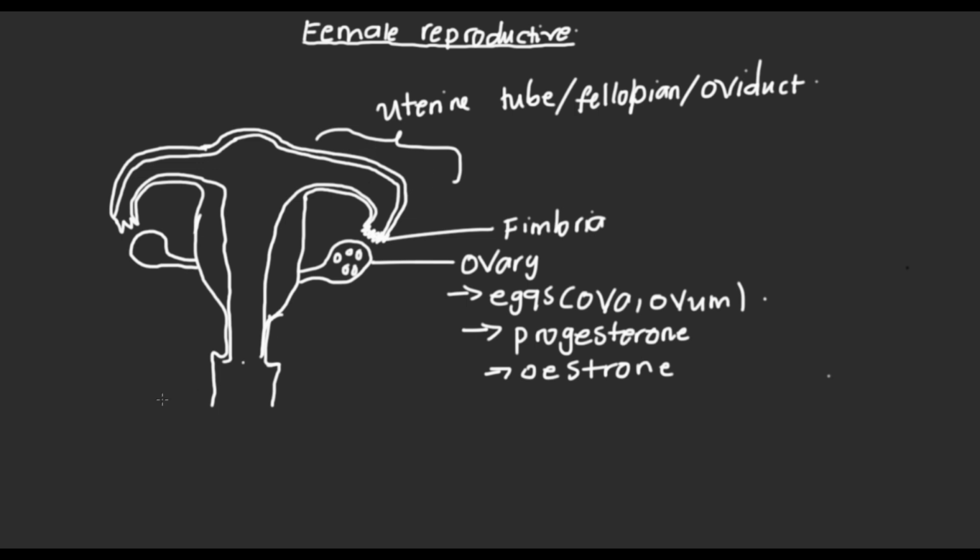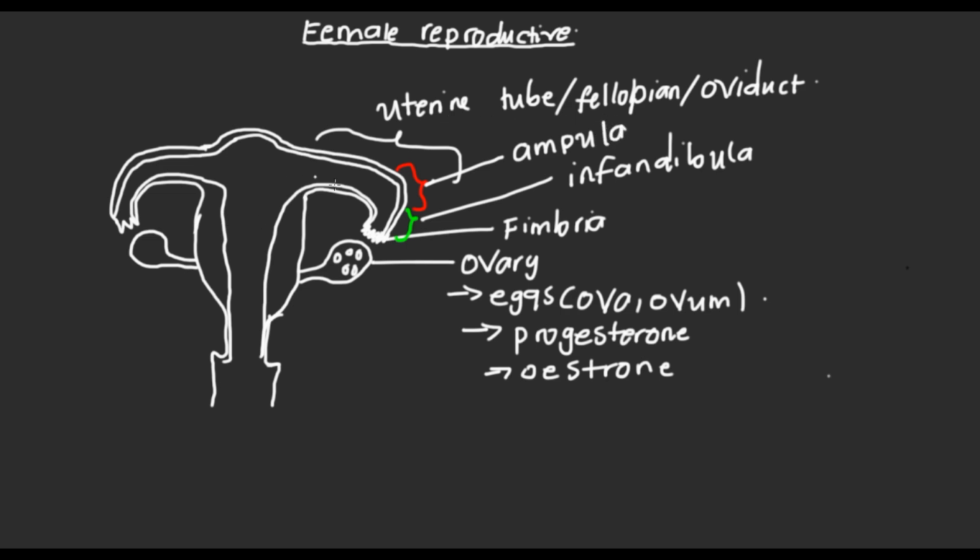The first region, which is the end part of this same fallopian tube, this part here, is called the infundibulum. Then apart from the infundibulum, we have another region somewhere here called the ampulla. The ampulla is where the fertilization process is likely to occur. So this is our ampulla.